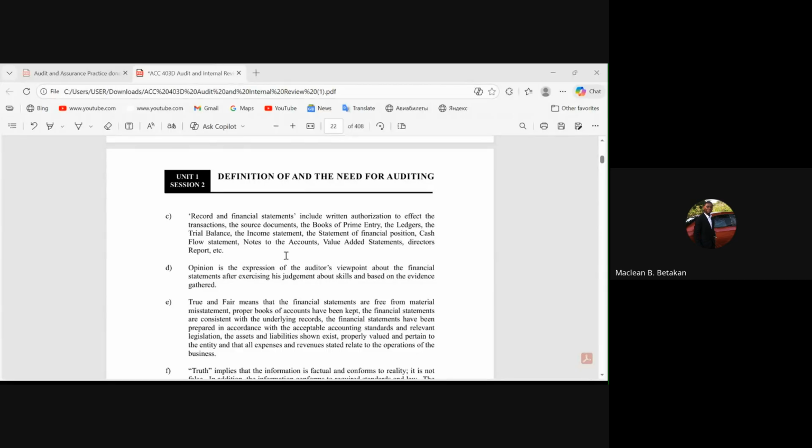Then books of prime entry, ledgers, trial balance, income statements, statement of financial performance, statement of financial position, cash flow statements, notes to the accounts, all are financial statements. Then the directors' reports. So all this can be grouped into financial statements and records.